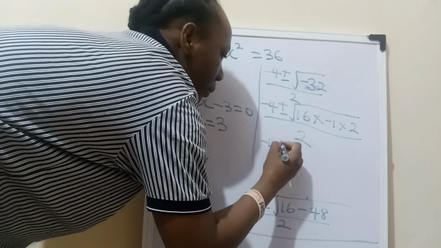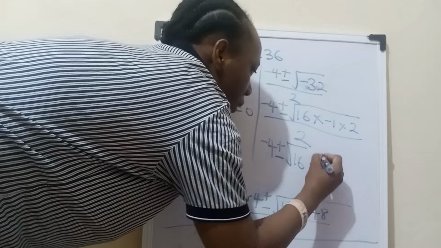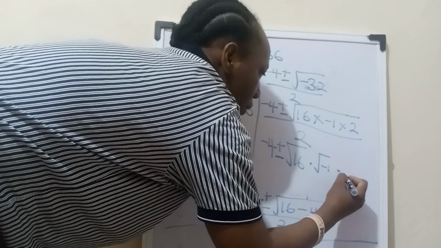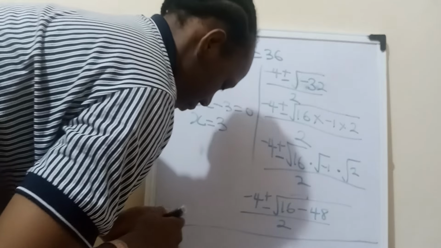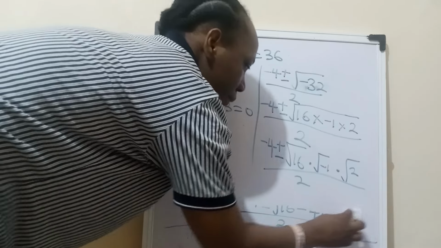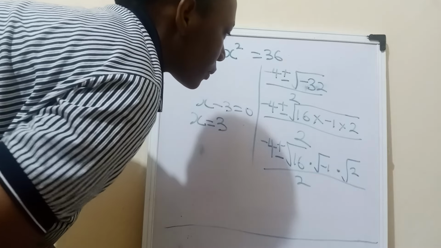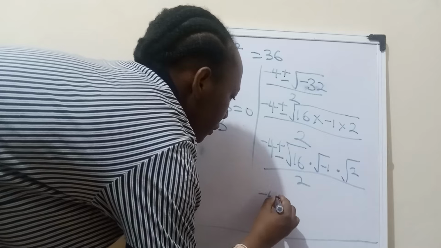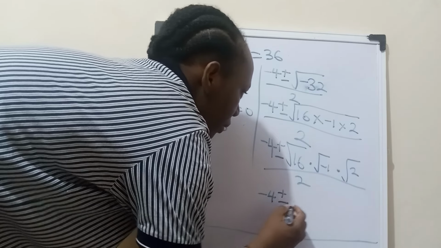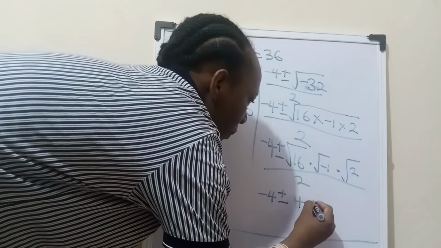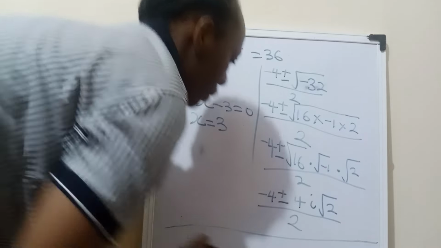Okay, minus 4 plus or minus square root of 16 dot square root of minus 1 dot square root of 2 all over 2. So this is minus 4 plus or minus 4i root 2 all over 2.